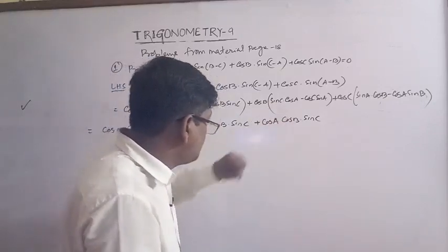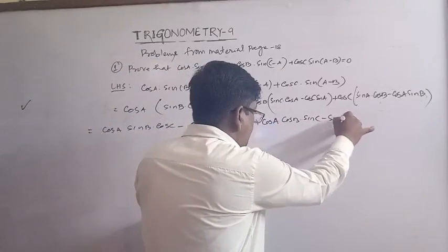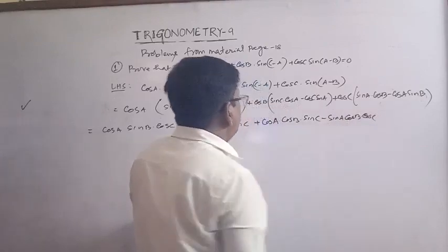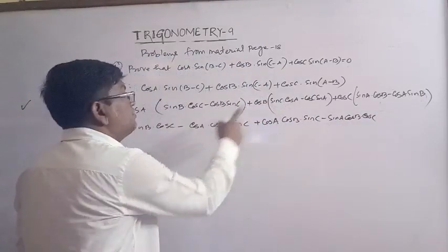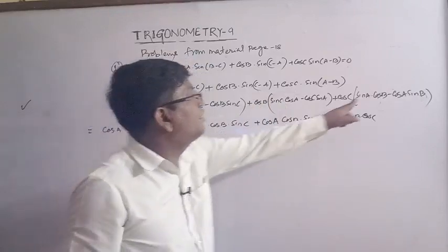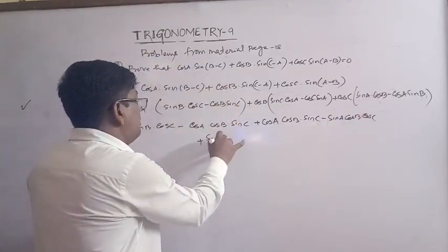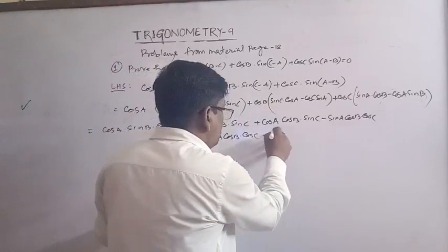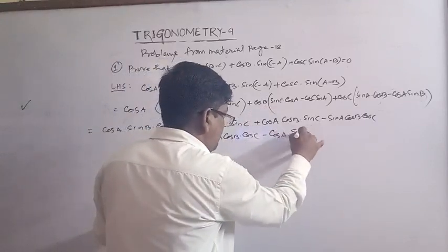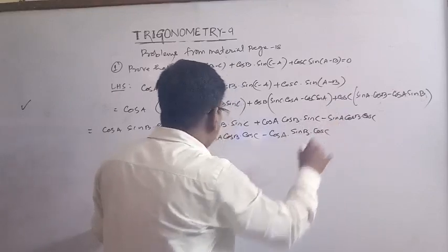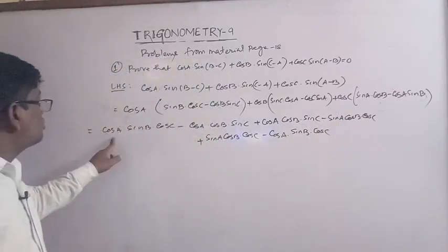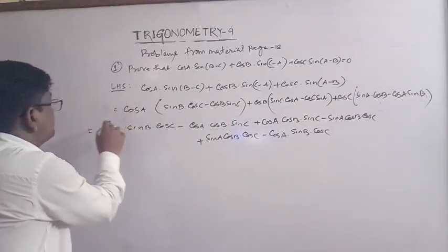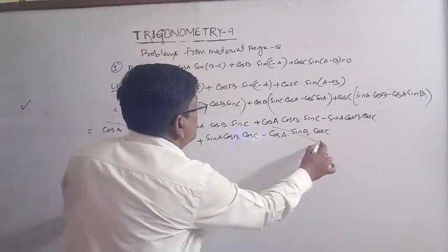Now this is sin A cos B cos C minus sin A cos B cos C, and the last one is sin A cos B cos C minus cos A sin B cos C. So cancel each term: cos A sin B cos C and cos A sin B cos C, the first term and the last term go cancel.